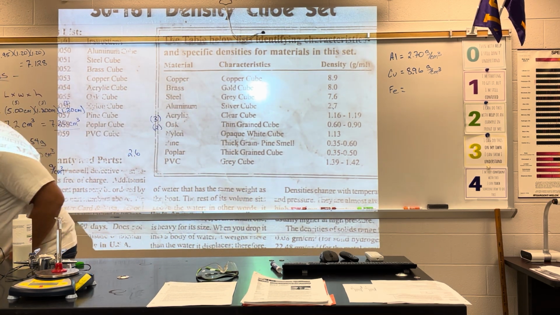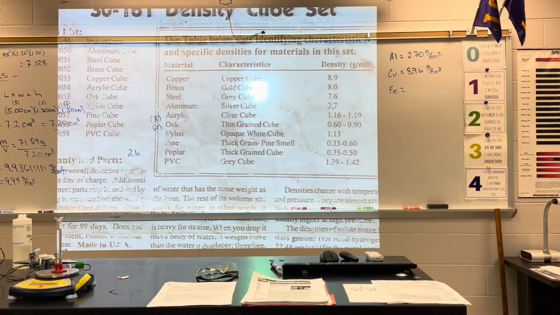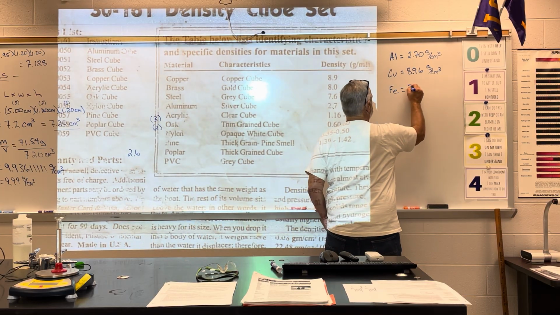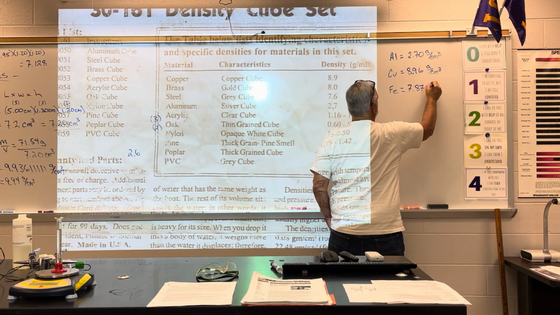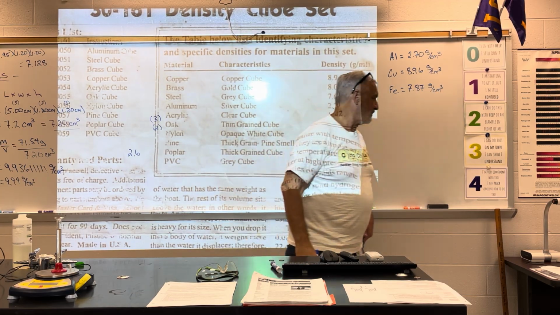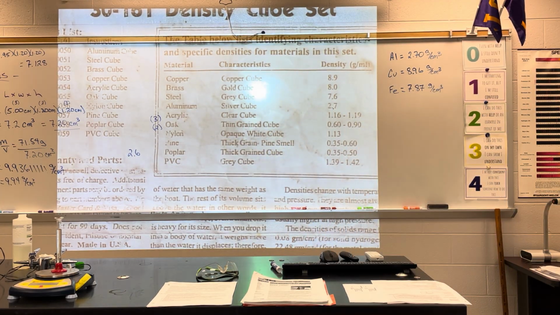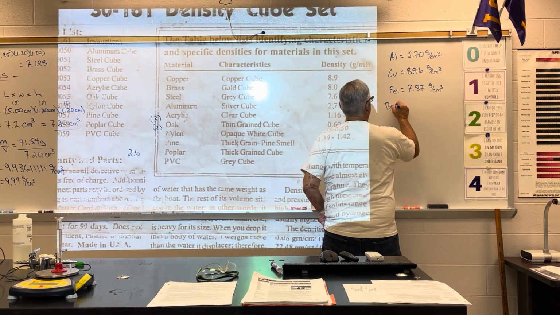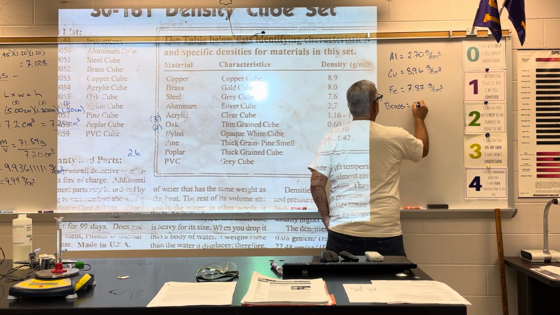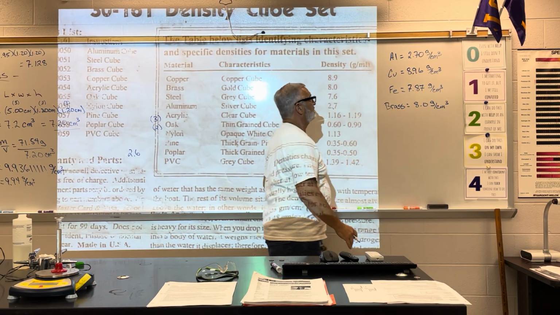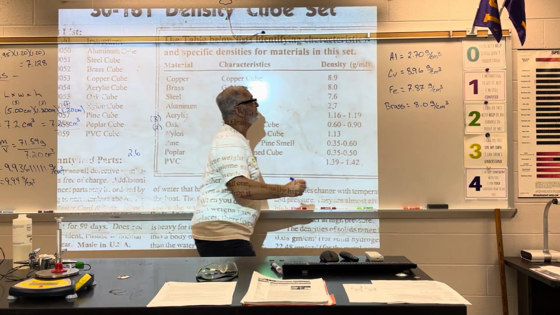It says 7.874, but I'm just going to say 7.87. And then the brass, this tells me brass, doesn't it? It's just 8.0. Okay, so these are the actual values.